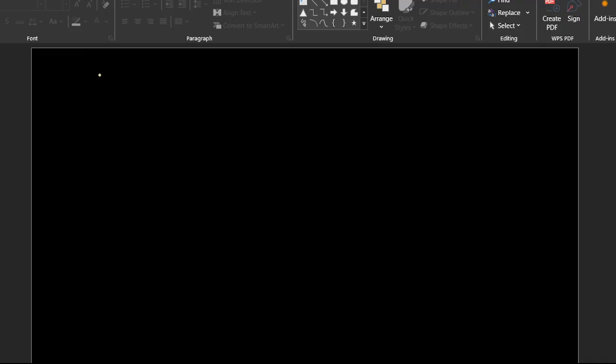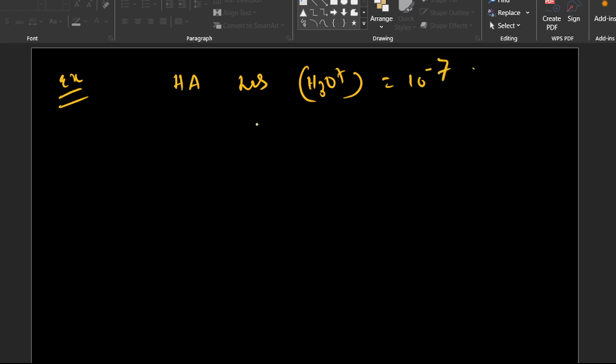And for example, suppose HA has H3O plus concentration equal to 10 raised to minus 7.